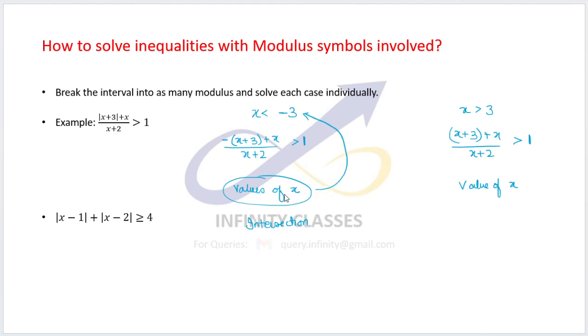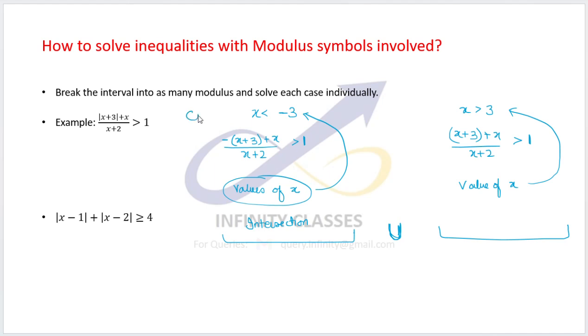If any value of x is coming out to be, say, greater than minus 3, we have to discard it. So we have to take the intersection of the values of x with this. Similarly, we have to take the intersection of these values with this, and whatever solution is coming here and here, you have to take the union of it.